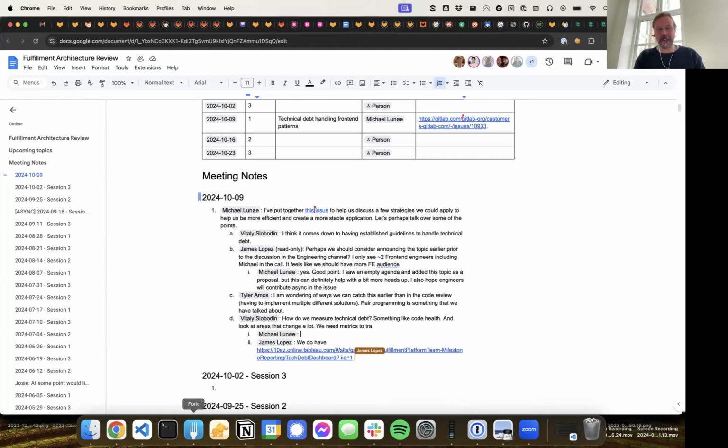I'm not sure how to actually measure this, because it's very difficult. It's not easy to point to this is technical debt and this is not technical debt, and the border between the two can be a very gray area.